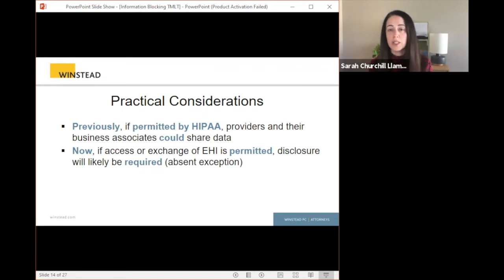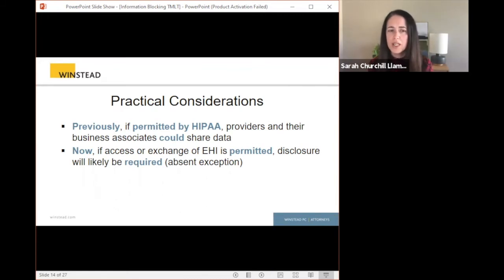The information would be allowed to be shared under HIPAA, but folks would just say no, or I don't feel comfortable. And it's always easier to say no, and it's always safest to say no. But now, if access or exchange of electronic health information is permitted, disclosure will likely be required absent some exception. So that's kind of the major shift that we're seeing.